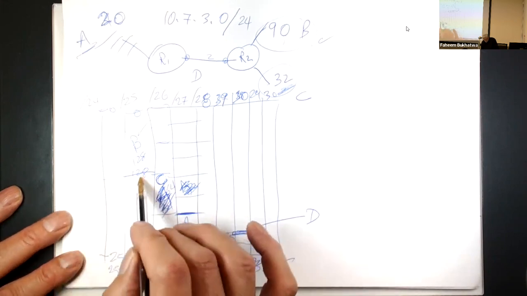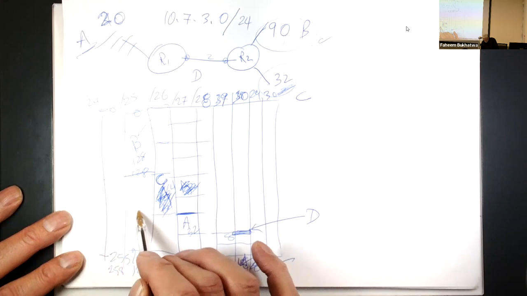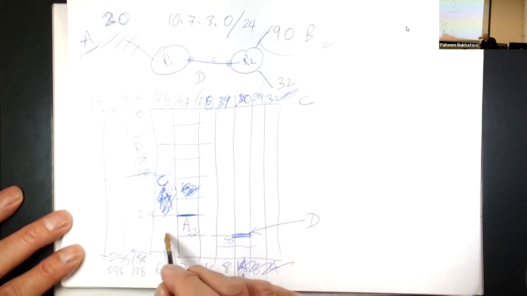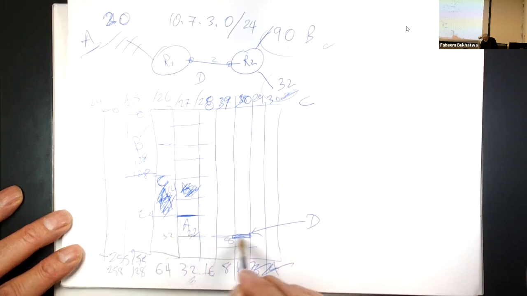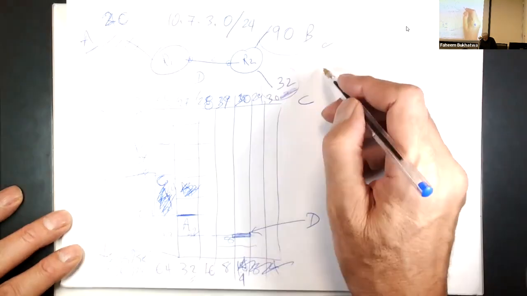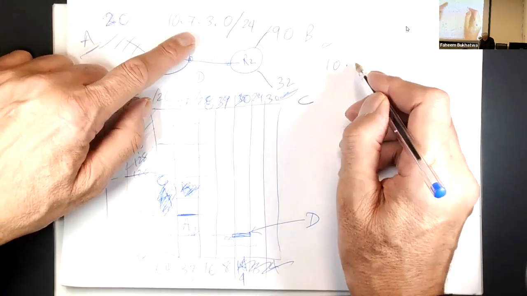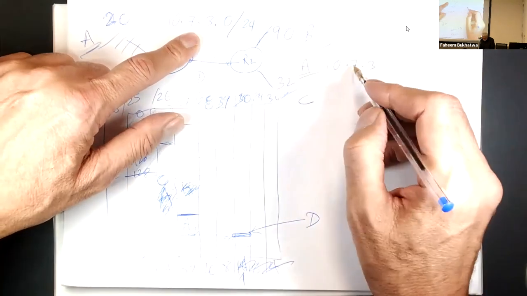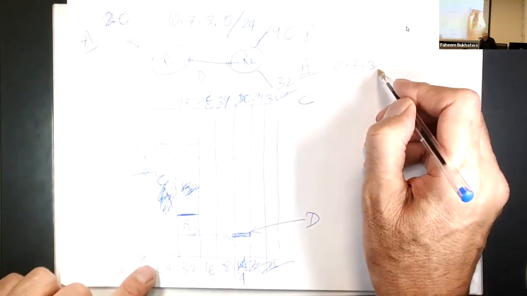So that's 128. Half of 128 is 64. This one, yeah. So that's 64, and that's 32. And it keeps going like that. So 191. It's 10.7.3. This is network subnetting.